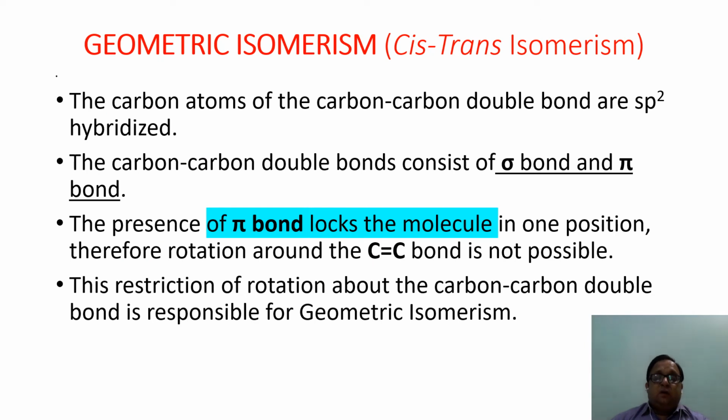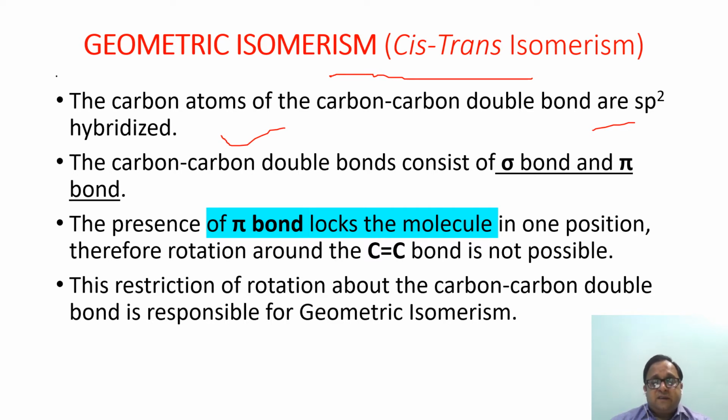Now see, geometrical isomerism is also called cis-trans isomerism. Carbon atoms of the carbon-carbon double bond are sp2 hybridized. The carbon-carbon double bond consists of one sigma bond and one pi bond. And this pi bond is particularly responsible, it is locking the molecule in one position.